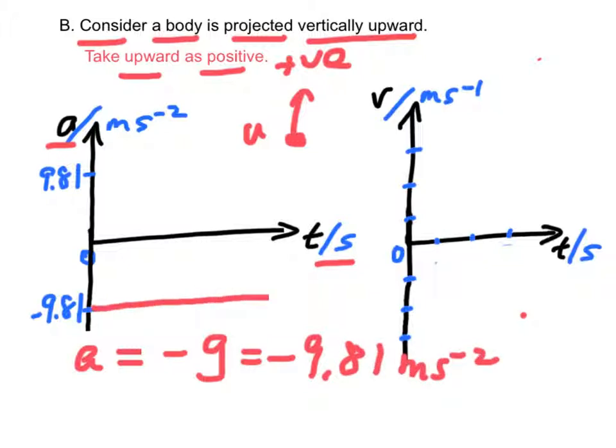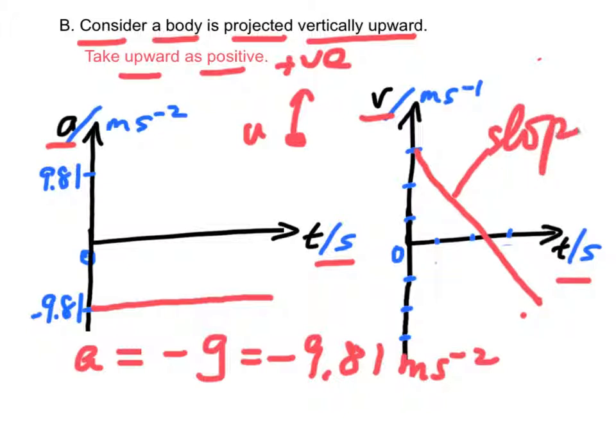Therefore, it is a straight line with constant value. Since the slope of the v-t graph represents acceleration, we have a negative slope with constant value for the v-t graph, with the slope equal to negative g, and the v-intercept represents the initial velocity.